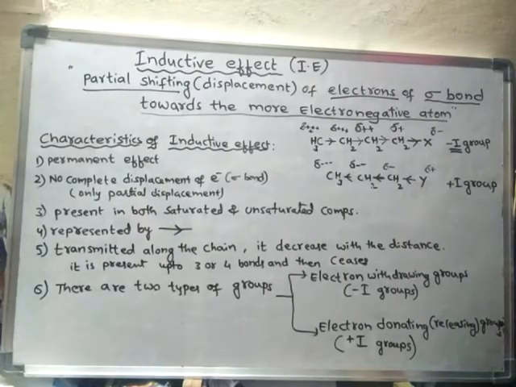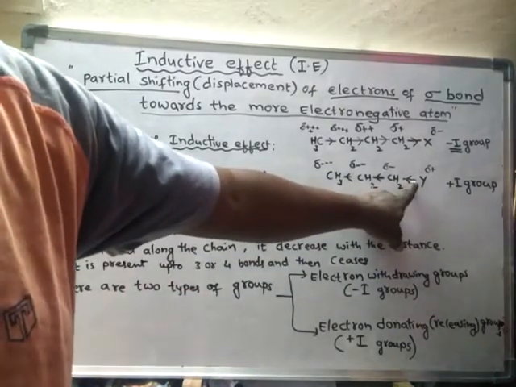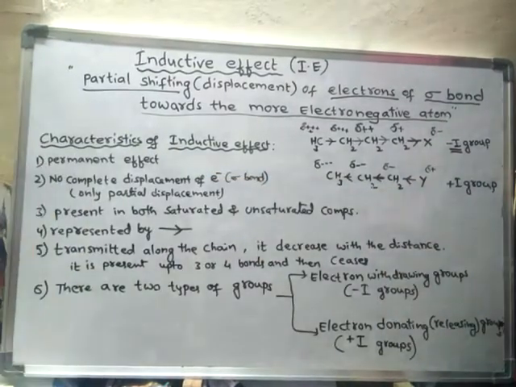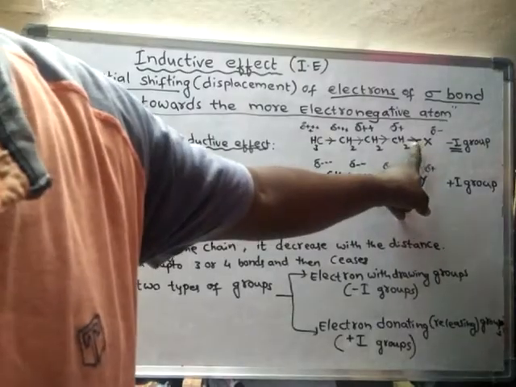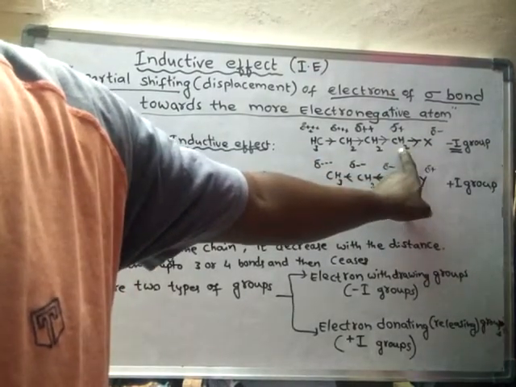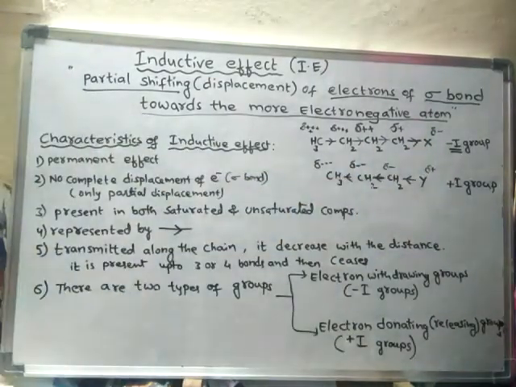The effect is permanent, but this electron pair is not completely shifted towards this carbon, only partially shifted. Here also this electron pair is not completely shifted towards this X from the carbon. So the sigma bonded electrons are only partially shifted, they do not undergo complete displacement.